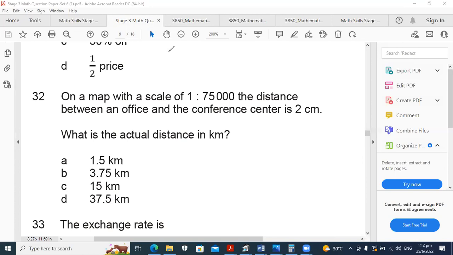To convert from centimeter to kilometer, you have to divide by 100,000. So from centimeter to kilometer, you divide by 100,000. Oh, sorry, I may have put too many zeros.